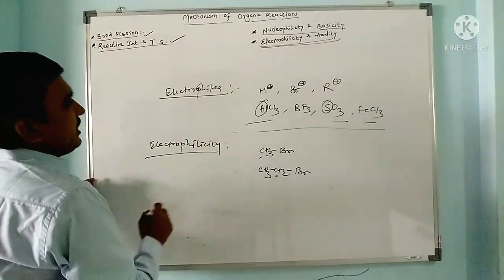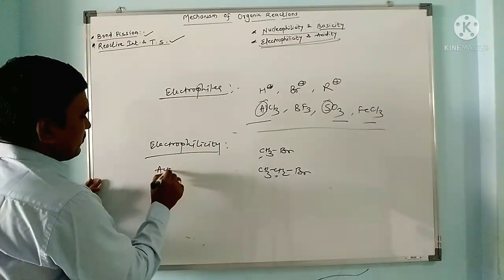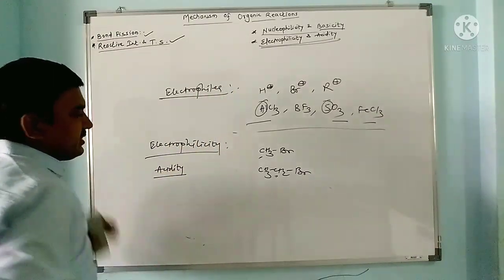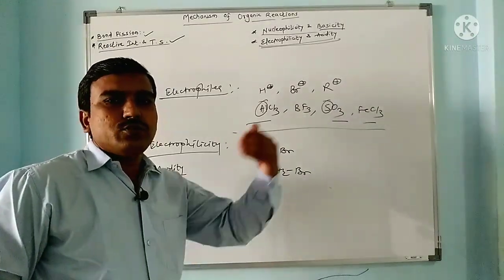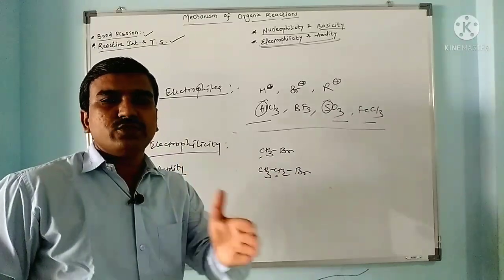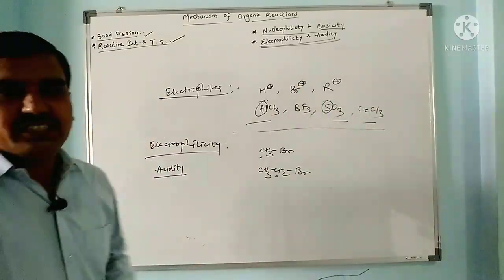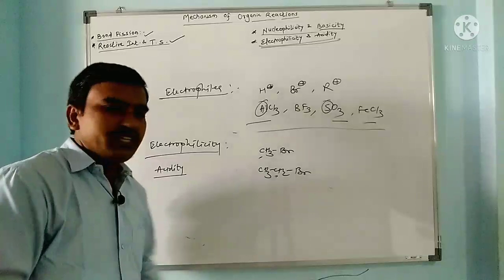Now the next is acidity. What is acidity? Acidity is the ability to donate a proton, how fast it donates a proton. What is an acid? Acids are the substances which donate protons.